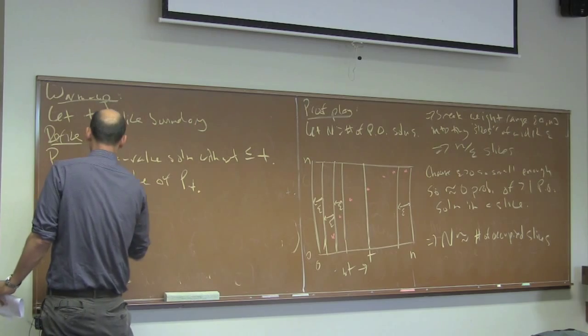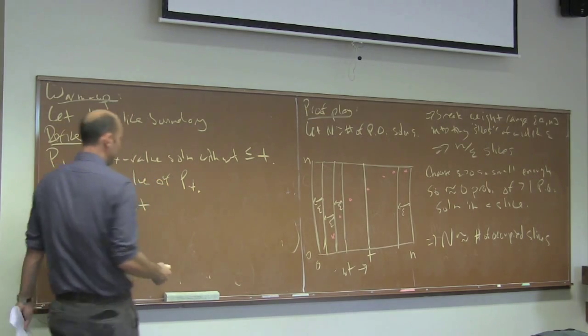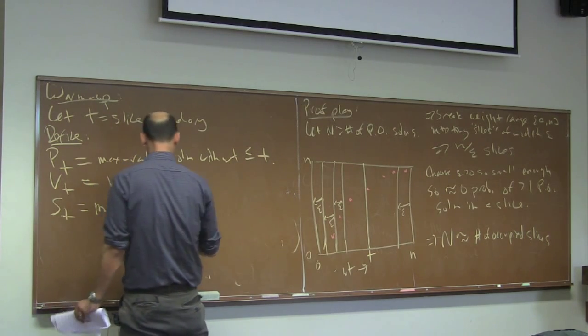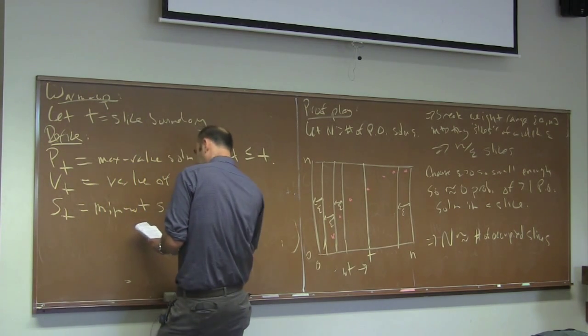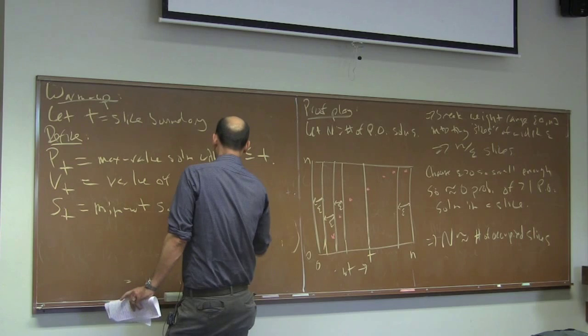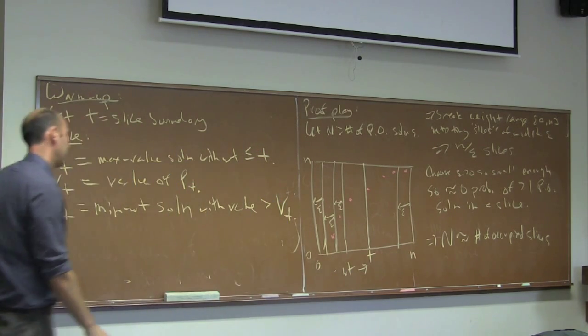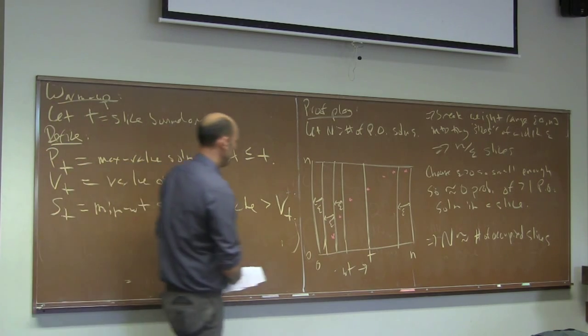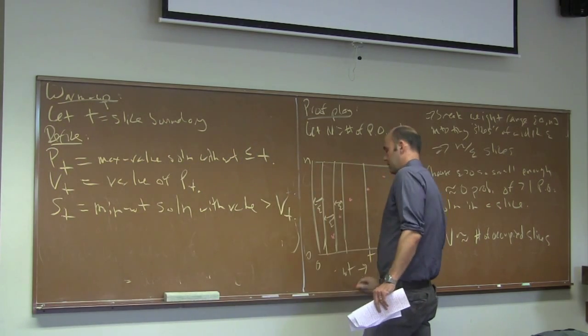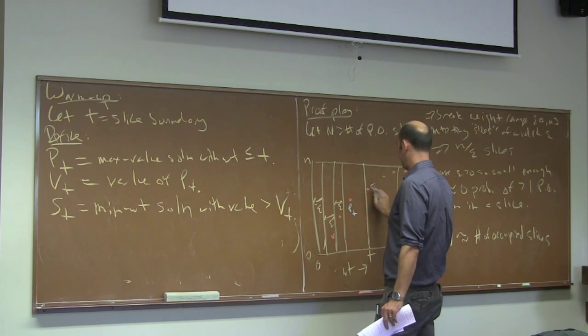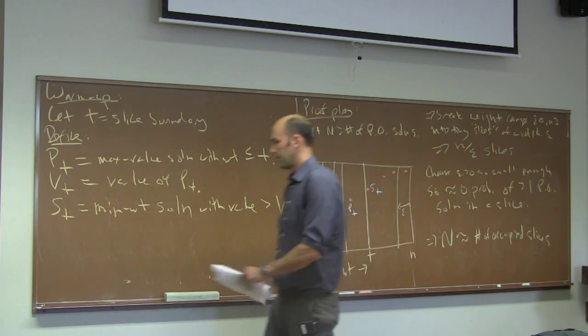So ST is the min weight solution, the first one we find looking eastward with value bigger than VT. Think of that as PT, and this as ST.